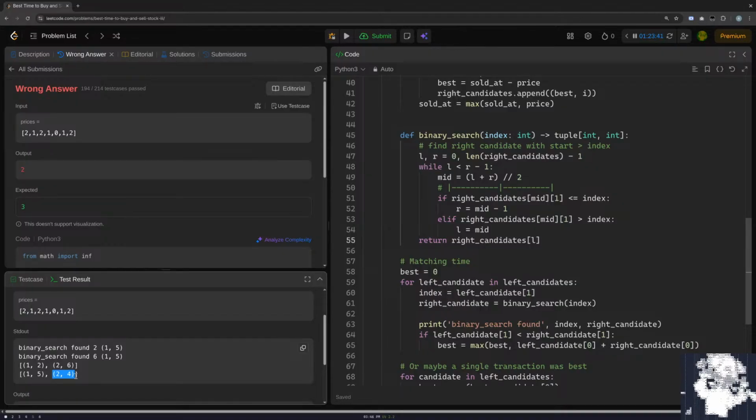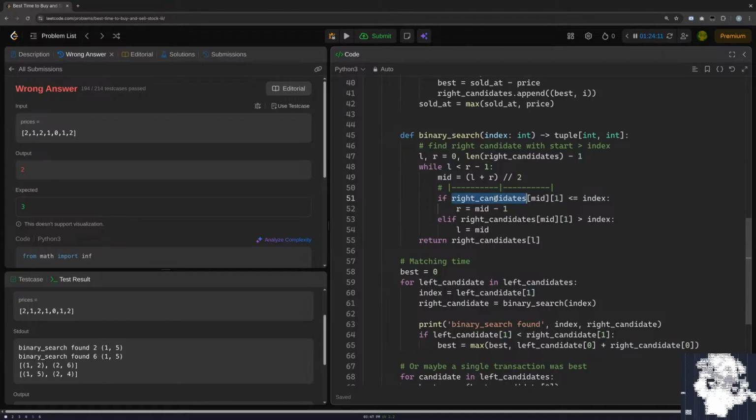I want the smallest index where start is greater than index. Oh, the fact that all these lists are in different orders and I have to keep it all in my head is really messing with me.